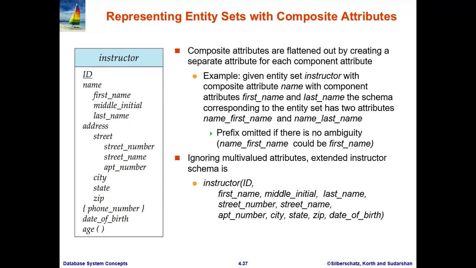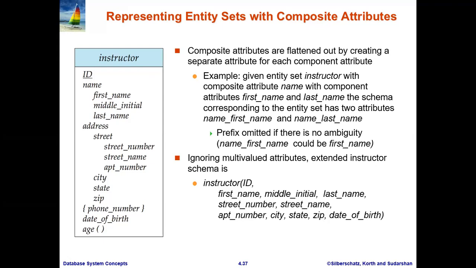So instructor: ID, first_name, middle_initial, last_name, address is divided into street, city, state, and zip. And again, street is divided into street number, street name, apartment number. So street_number, street_name, apartment_number, city, state, zip, and date_of_birth.